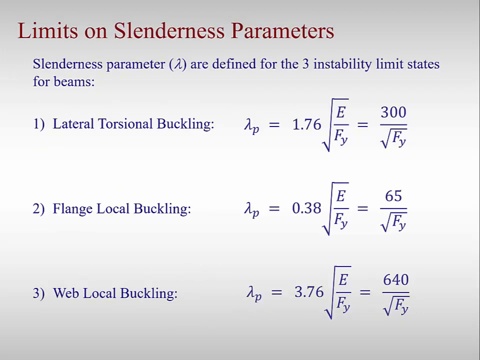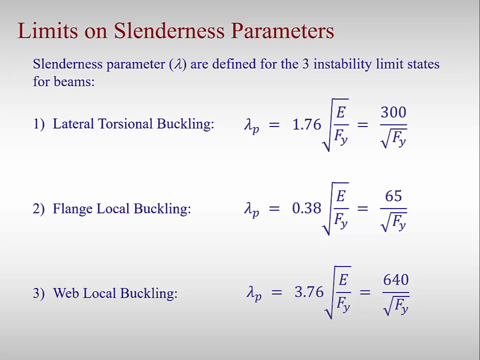Shown are the slenderness limits for the instability limit states. The lateral torsional buckling slenderness limit is 1.76 times the square root of E over F sub y, or 300 over the square root of F sub y, making the substitution of 29,000 ksi for E. The slenderness limits used for local buckling are different from those that we use for columns. This is because the conditions controlling local buckling in a beam are not the same as in a column.